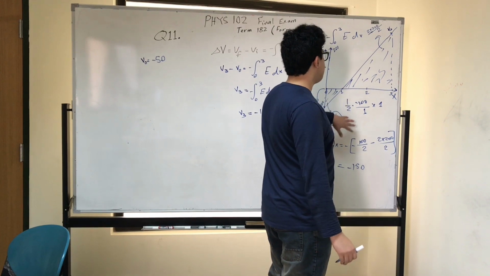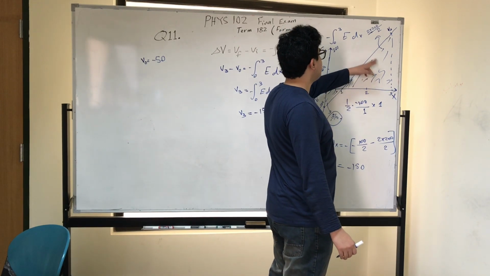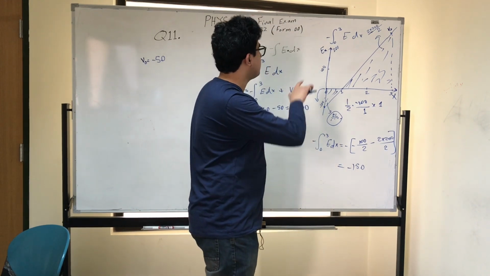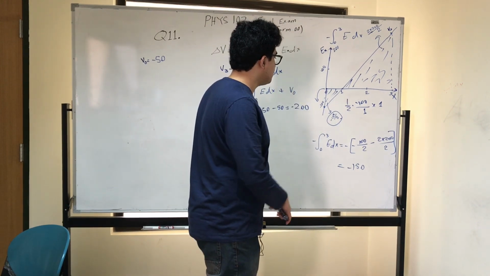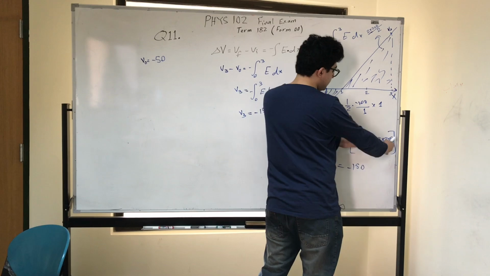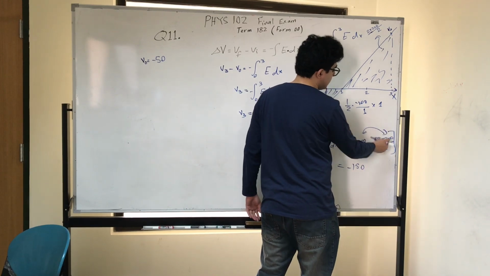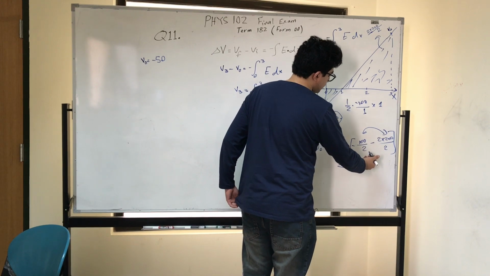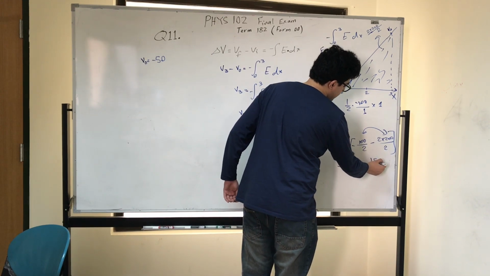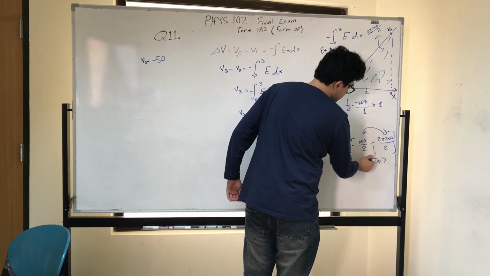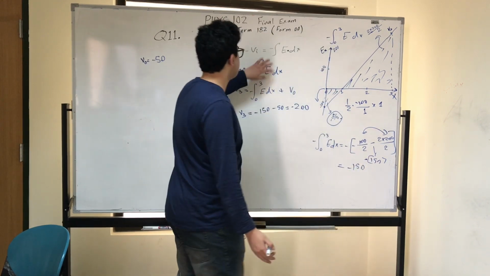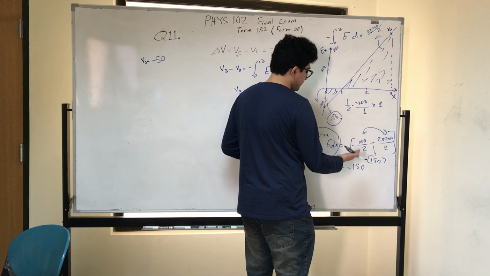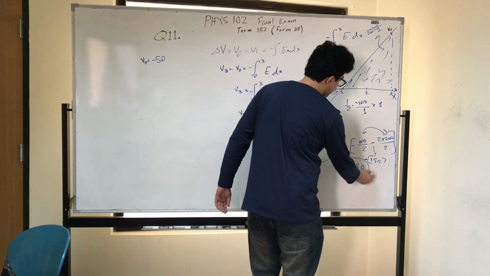And now, by the same exact logic, the area of this big triangle is 2 times 200 over 2. And if you add these two values together, these are the areas of the two triangles, you'll be getting positive 150. And we have a minus sign from the equation. So the value of this expression is negative 150.